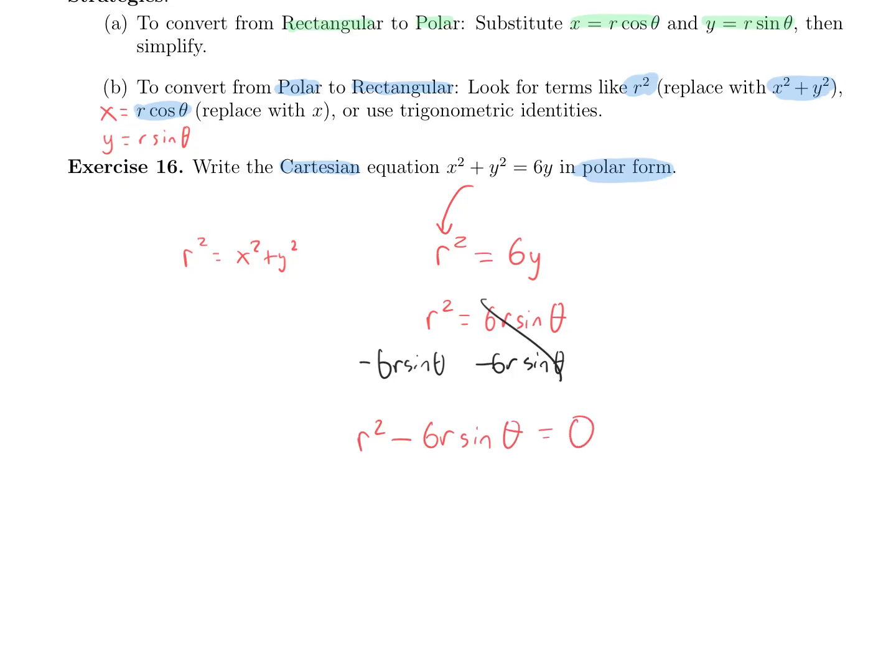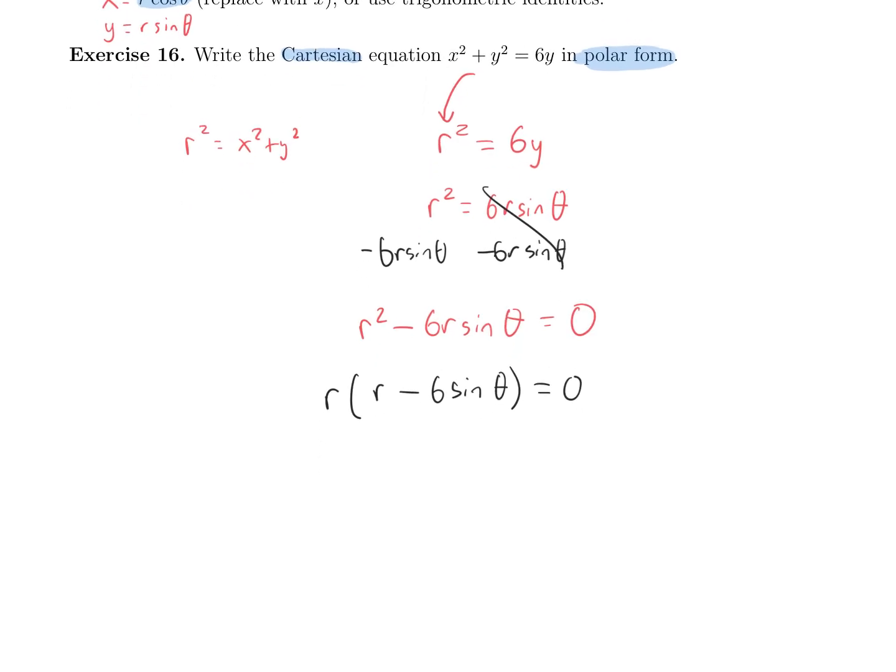Now we can factor out the r. Once you factor out the r, you're going to set each factor equal to 0, just like we do when we solve an algebraic quadratic equation. You set the individual factors equal to 0.